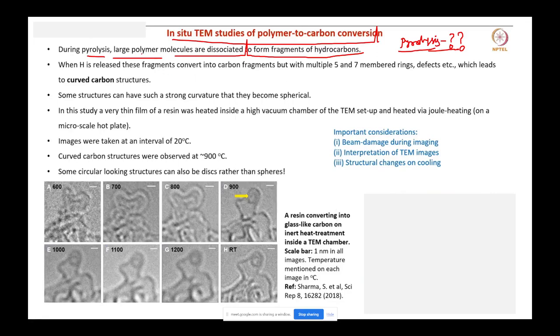Okay. So yeah, it is one kind of thermal treatment where you will require some temperature.